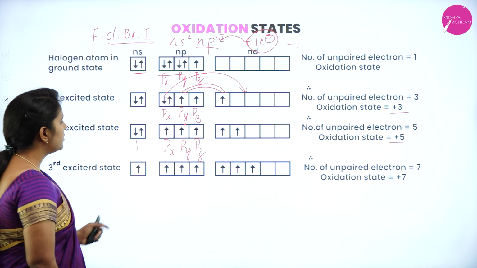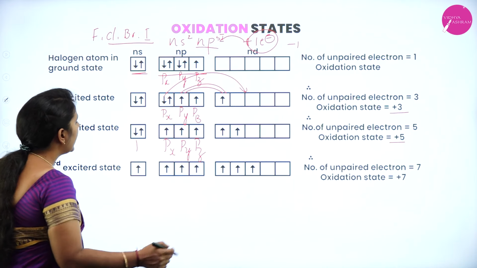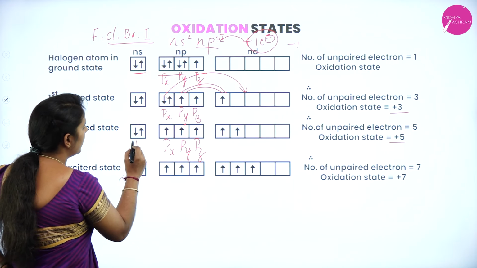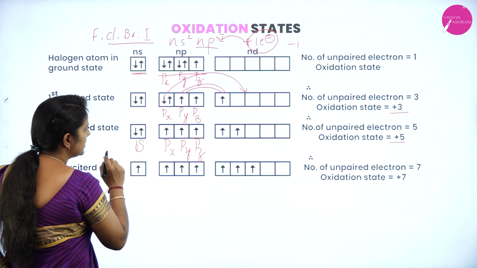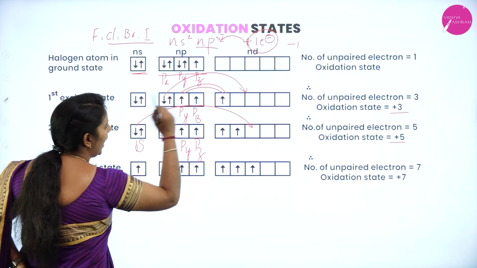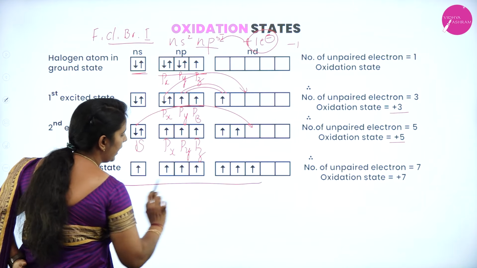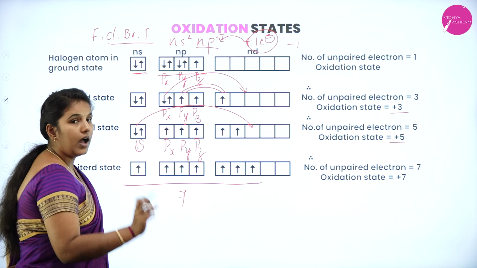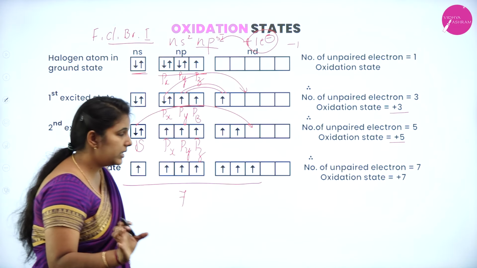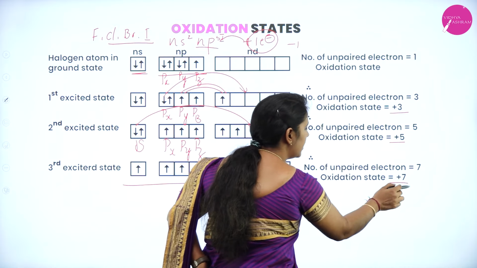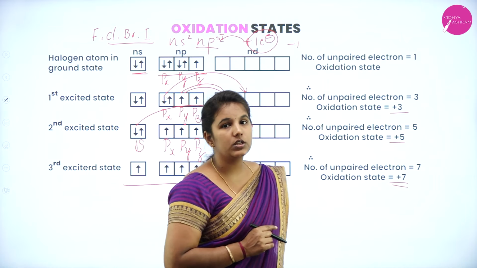And coming to the third excitation state, again one of the electrons from the s orbital got shifted to the empty d orbital, thereby it shows 7 unpaired electrons. This indicates that it can show a +7 oxidation state.